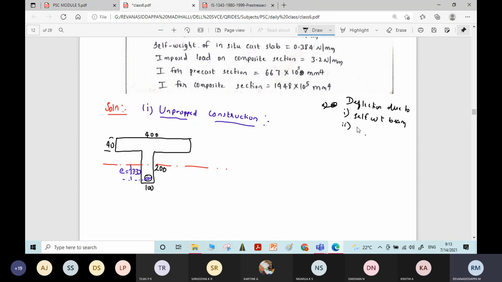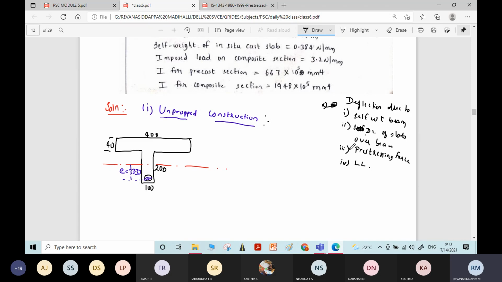Second one is deflection due to self-weight or dead load of the slab over the beam. And third is deflection due to pre-stressing force. And lastly, the deflection due to live load.